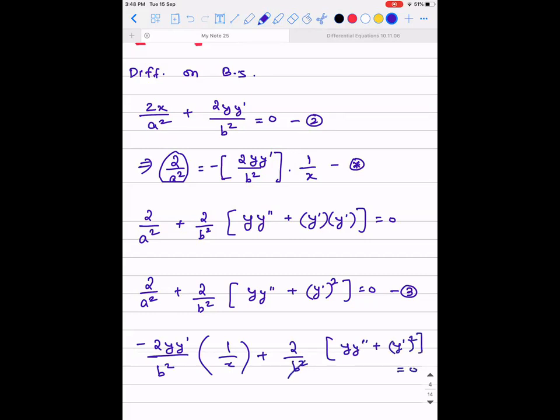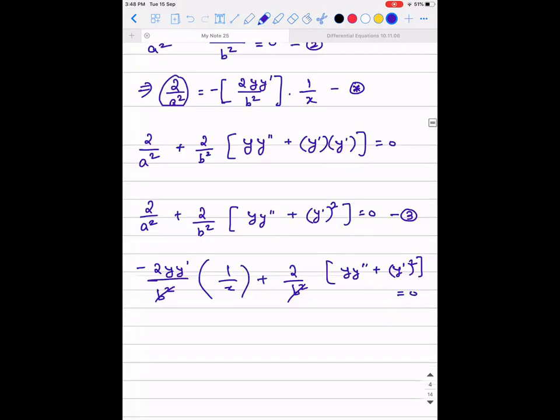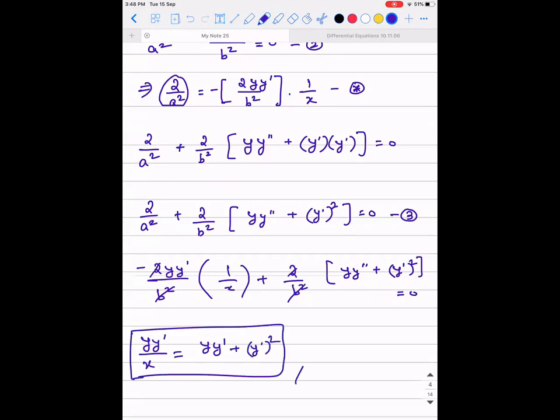So b square gets cancelled. What are you left with? 2 is also going to get cancelled. y dash divided by x is equal to y y double dash plus y dash square. So when you rearrange it, this is one of the ways in which you can write the differential equation. Did you understand? Yes, sir.